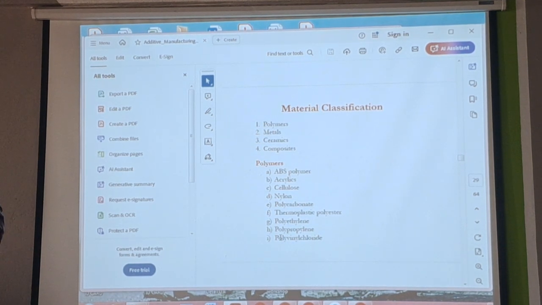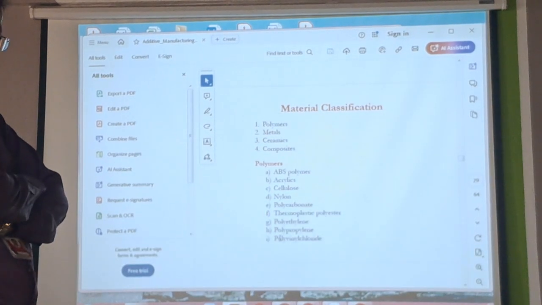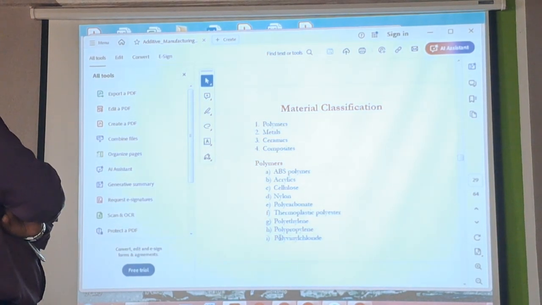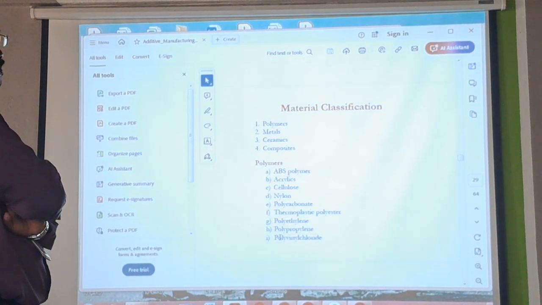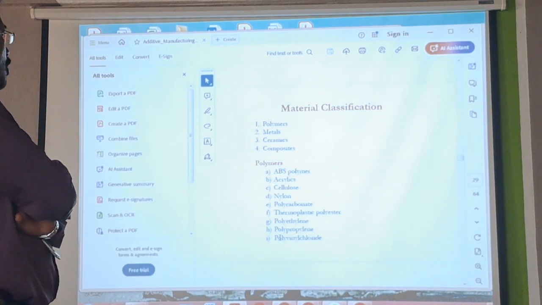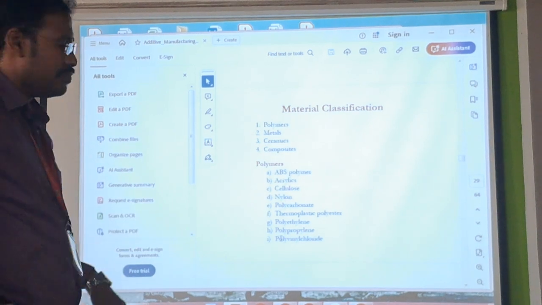Then metals, ceramics and composites. Polymers are mostly plastics, and we have a number of categories like ABS polymers, acrylics, cellulose, nylon, polycarbonate, thermoplastic polyester, polyethylene, polypropylene, polyvinyl chloride, etc.